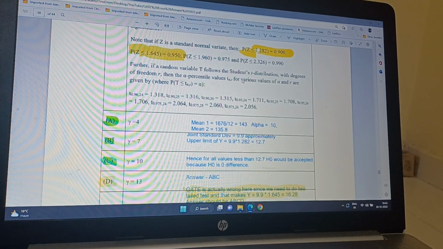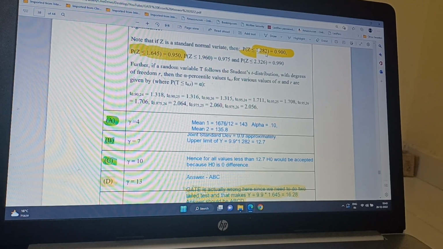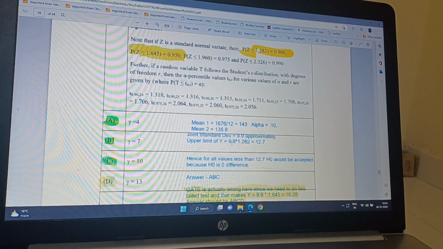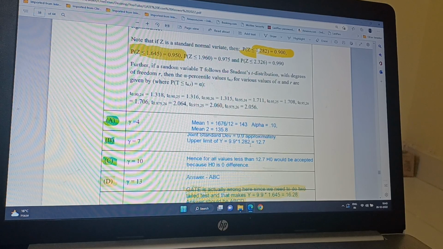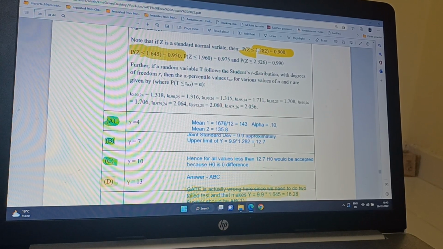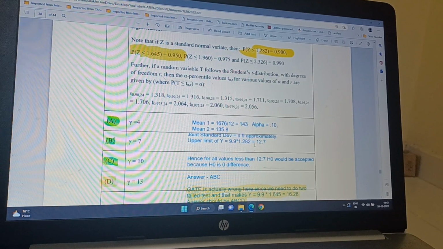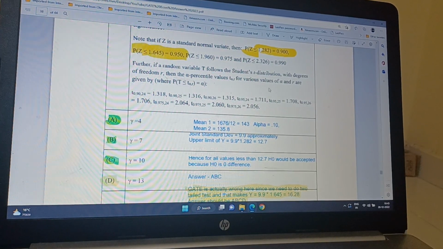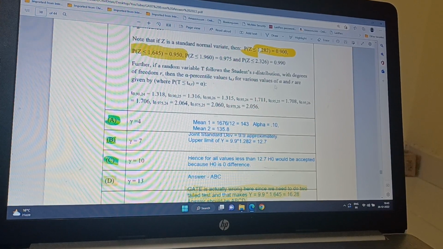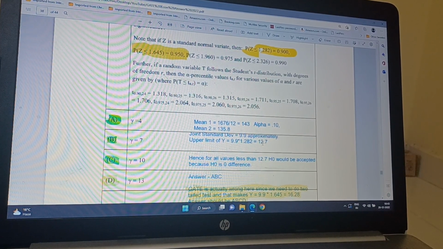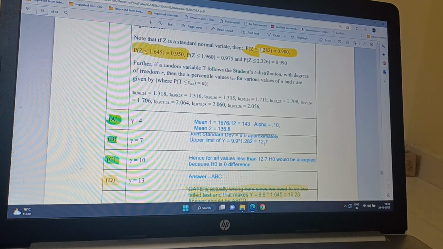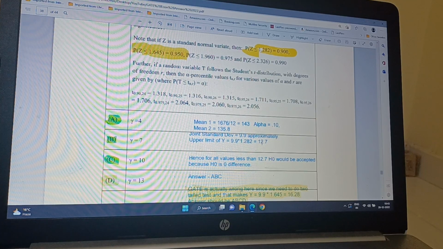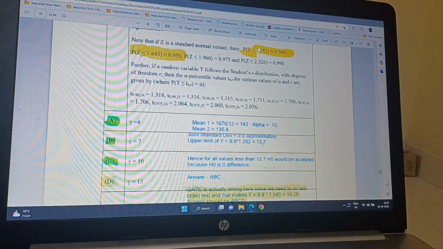So this value is 1.282 at 90% confidence level. So I multiplied my standard deviation times 1.282, which comes out to be 12.7. So this gives us the difference of mean at 90% confidence level, or we can say that we fail to reject null hypothesis if this mu1 minus mu2 is less than 12.7.